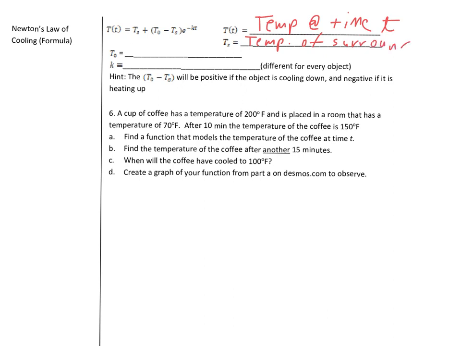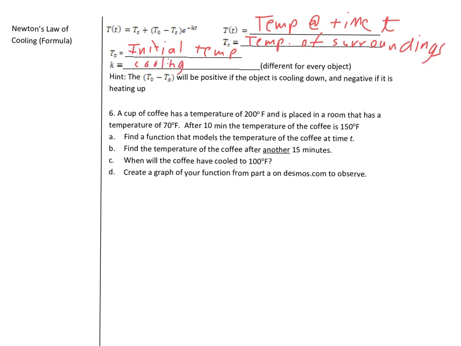So if you're putting it in a room, it's the temperature of the room. If you're putting it in the oven, it's the temperature of the oven, because now it's surrounded by the oven. T sub 0 is the initial temperature of the object. Anytime you see that sub 0, that's almost always the initial.